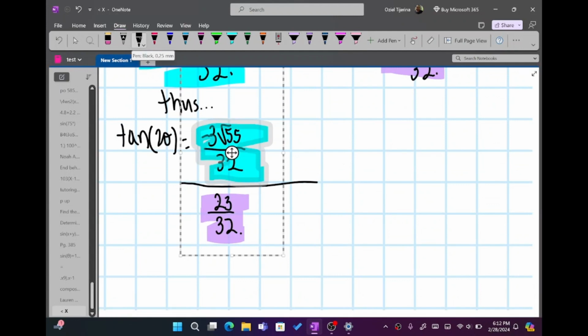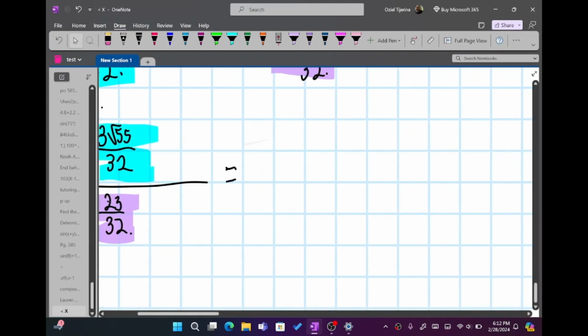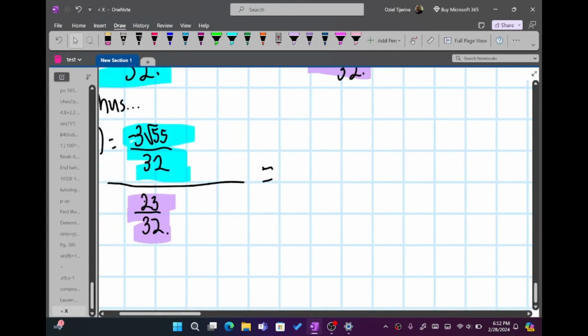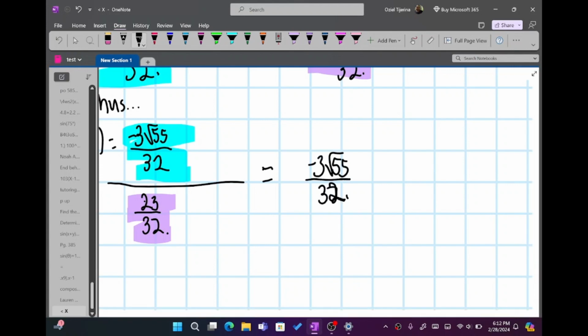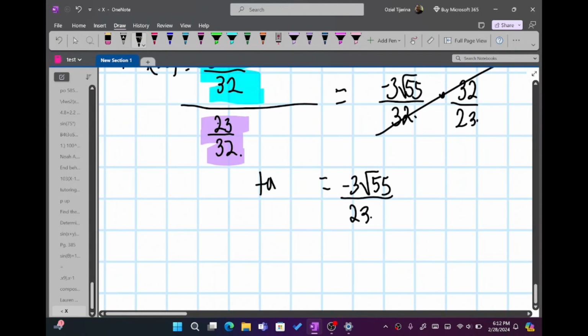If y'all know how to do this on your own, you can skip forward to see if you got the correct answer. Keep it, change it, flip it, and then times 32 over 23. This cancels out, which gives me negative 3 square root of 55 over 23. And this is what tangent of 2 theta would be.